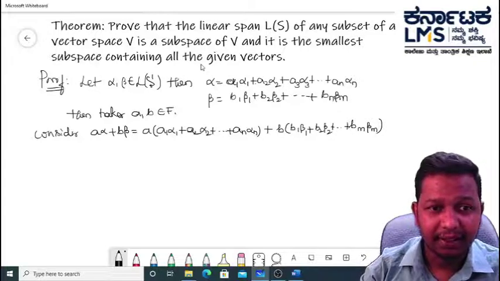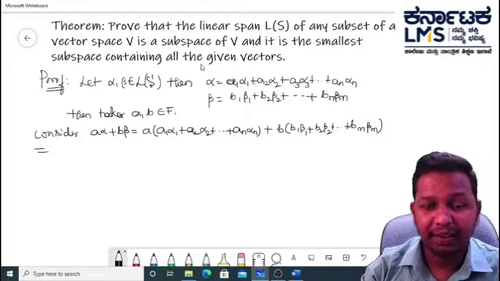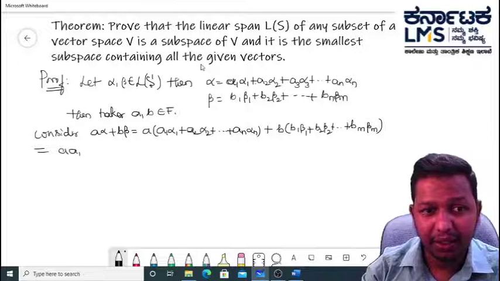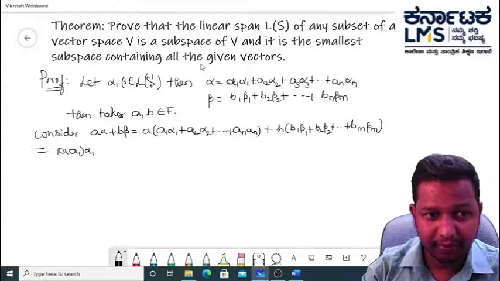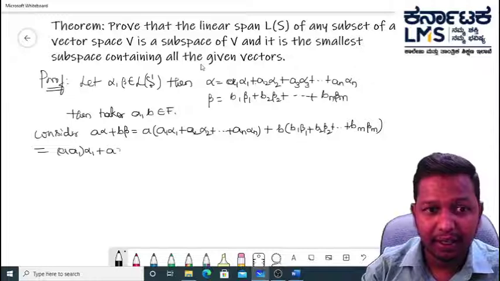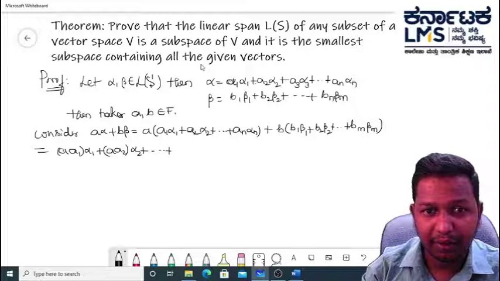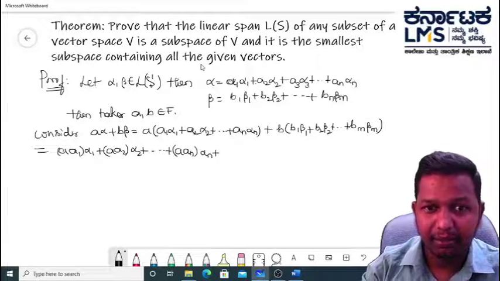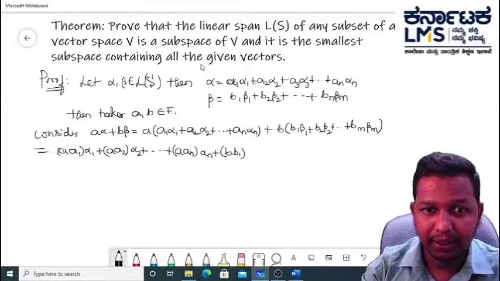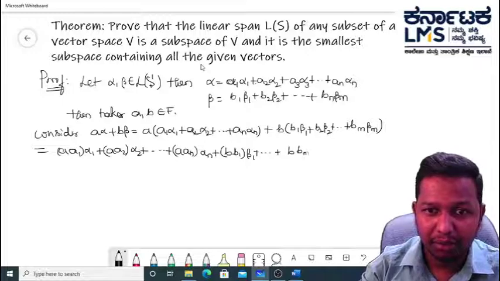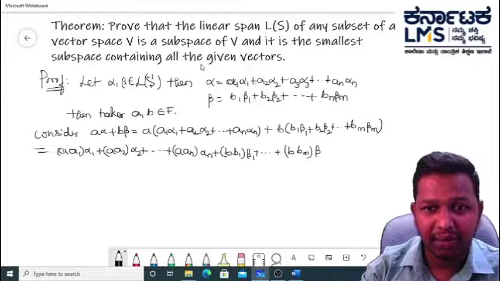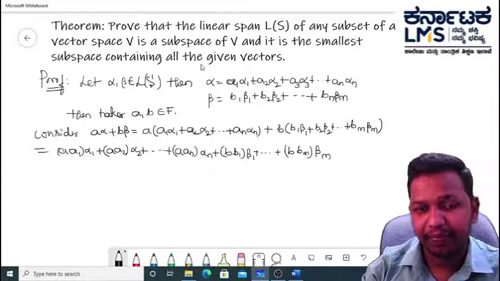Then which can be simplified as a into A1 alpha 1 plus a into A2 alpha 2 plus and so on, a into An alpha n, plus b into B1 beta 1 plus and so on, b into Bm beta m.